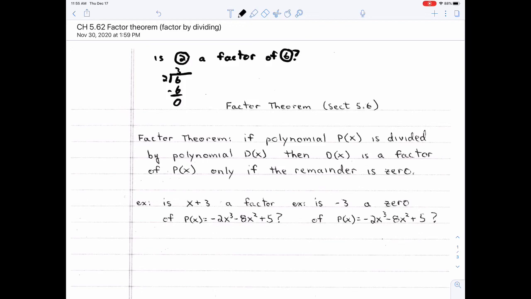And I'm going to tell you a lot of other stuff too, but when it comes down to it, what do you do if you want to know if something's a factor? Well, first of all, you try and factor it by inspection. That's what I just reviewed on the last video. But what if you can't factor by inspection and its degree is 3 or greater?